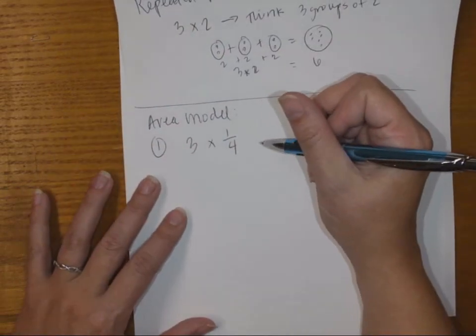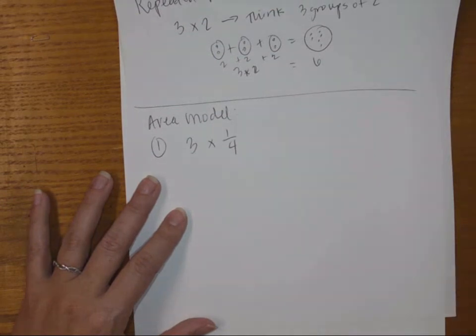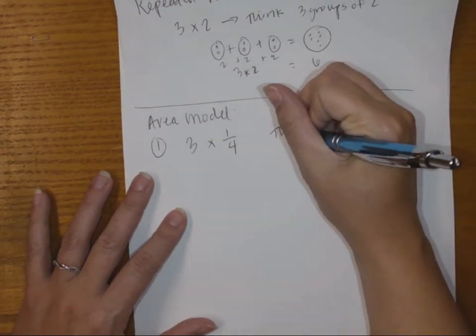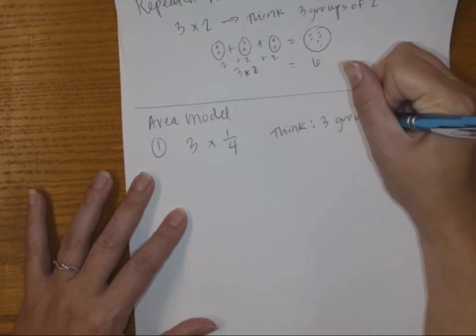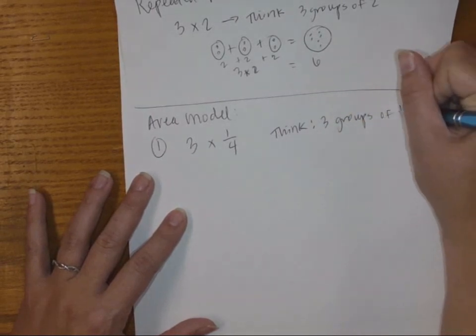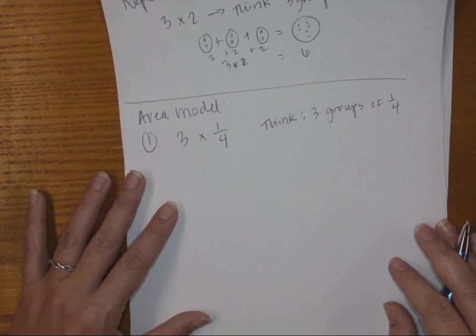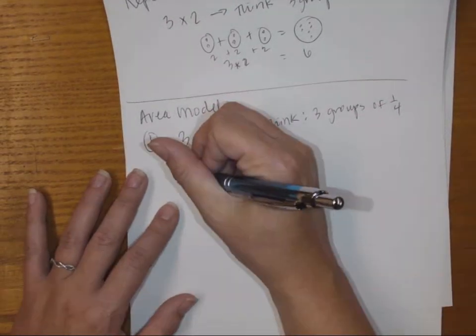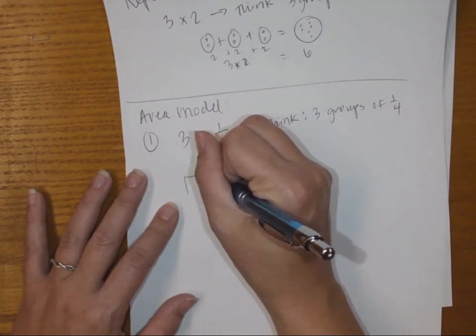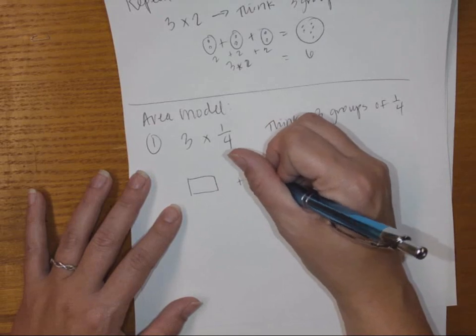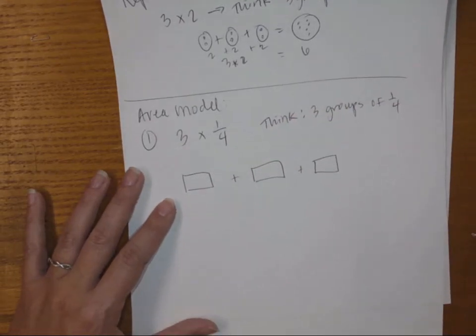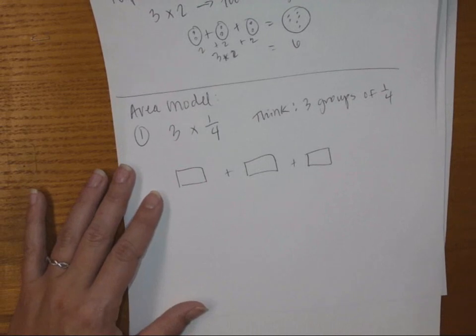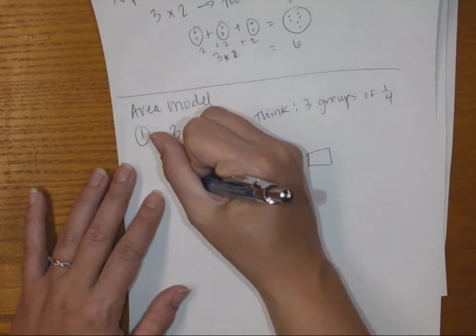So if I wanted to show 3 times 1/4, my thought process here is think 3 groups of 1/4. Okay, so my 3 groups, I'm going to use rectangles here. So here's my 3 groups. I need to split all of those into 4 pieces and shade in 1/4 of them.